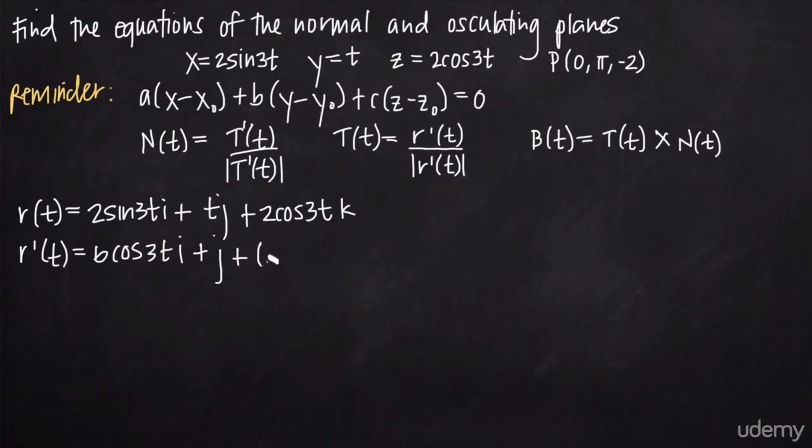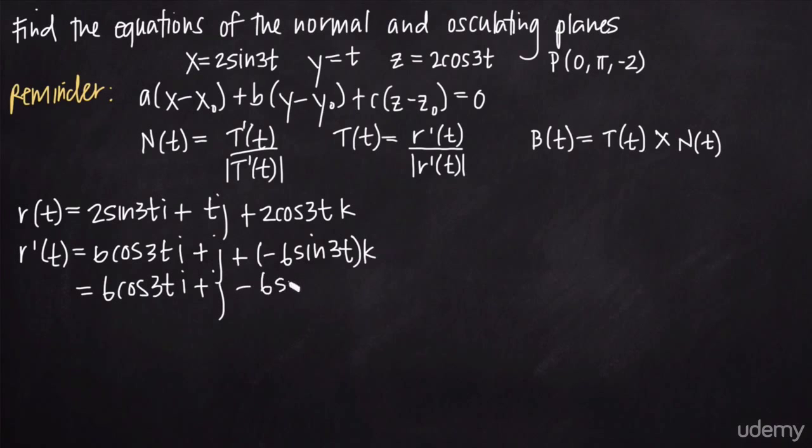So we get plus negative 6 sine of 3t, multiplied by k. Why don't we just distribute that negative sign and simplify this? We get r prime of t equals 6 cosine 3t i plus j minus 6 sine of 3t k. So now we have a value for the derivative of r of t, r prime of t.